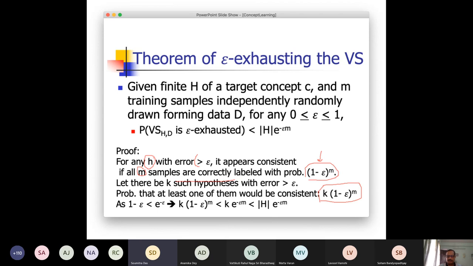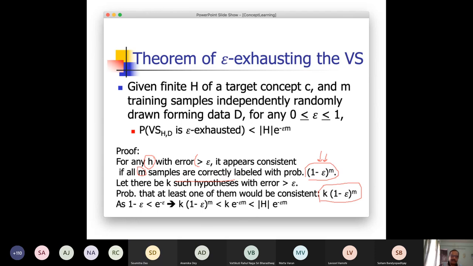Then again we consider the second hypothesis is consistent, so there can be some intersection. Yeah, for every consistent hypothesis, (1 minus epsilon) to the power m is the maximum probability that its true error is greater than epsilon. Yes, sir.